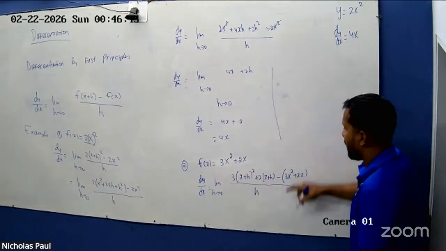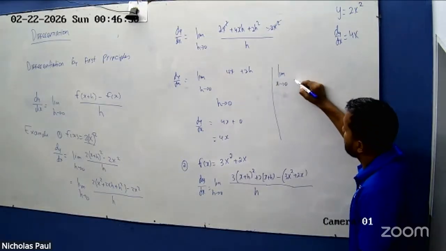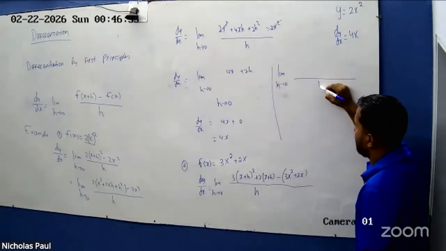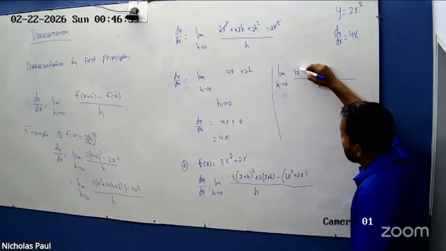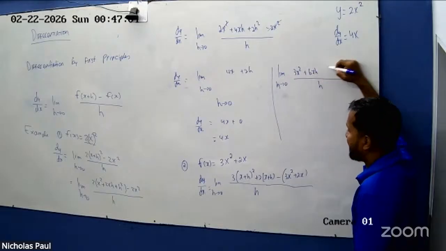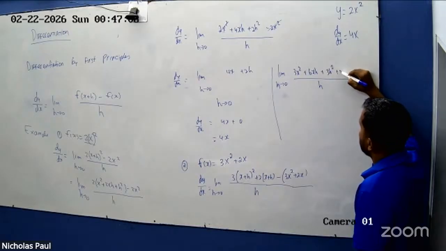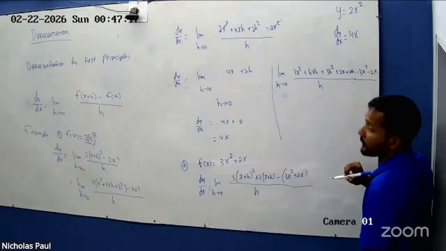After you finish this, multiply it up, see what you get. I have 3x squared plus 6xh plus 3h squared plus 2x plus 2h minus 3x squared minus 2x.